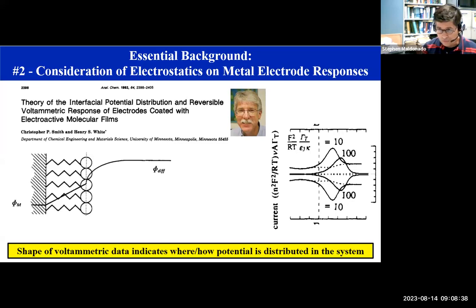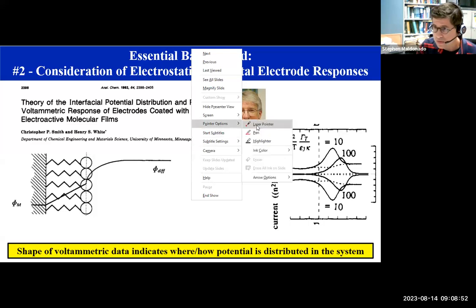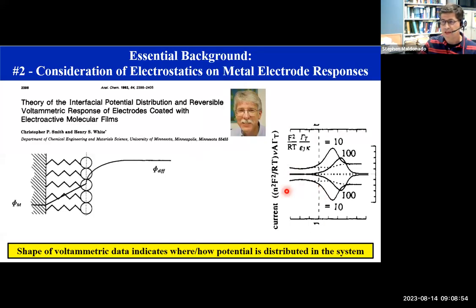His whole premise, which was built on ideas that predated him by several decades, was that the data you acquire, in this case for molecules stuck on an electrode, so if I can turn my laser pointer on, this plot on the right is a normalized version of current versus potential data, a voltammogram. The shape of it, all of it, has meaning.